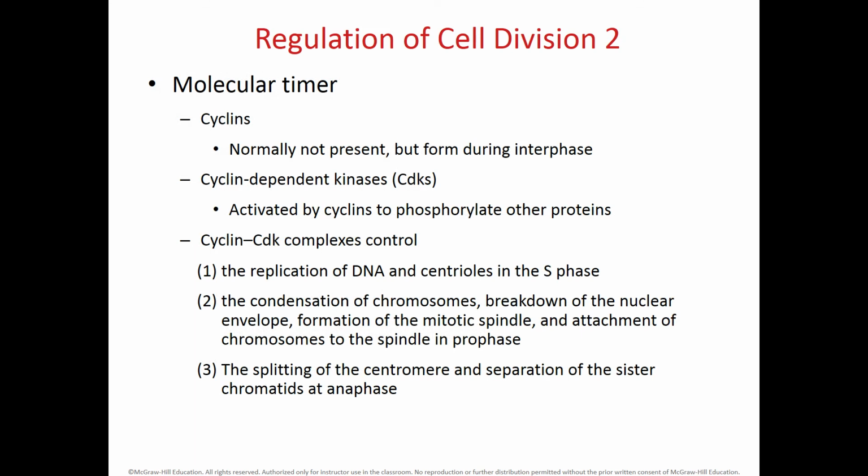So for regulation of cell division we have a molecular timer in which you have several molecules that help to control cell division. One of such molecules is an enzyme called cyclin, or several enzymes called cyclins. Now, the cyclins are not normally present during the entire cell cycle, but they form during interphase.